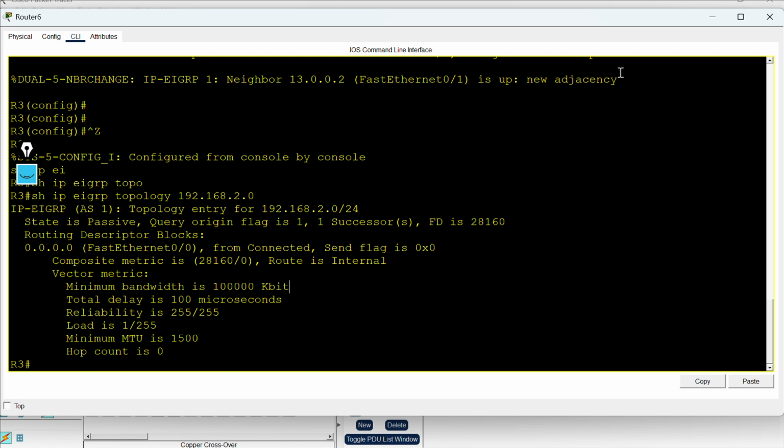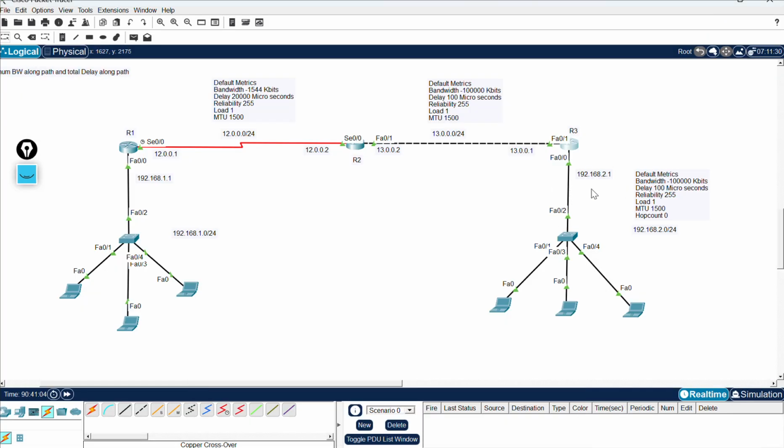Now what happened? R3 will advertise the 192.168.2.0 network to R2. It will advertise not only the network but also these values: bandwidth, delay, reliability, load, MTU, and hop count. So what are the settings?